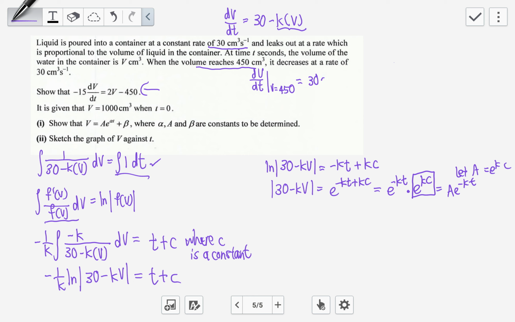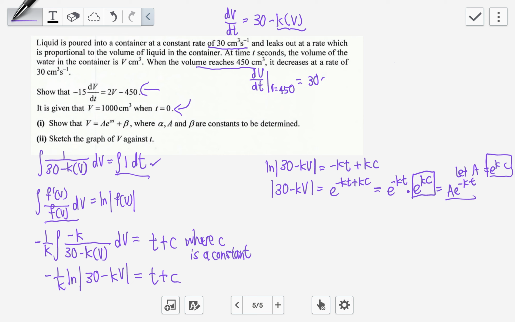When we are given information we will be able to find A. We don't have to leave it in the other form, but this is simpler to solve. We just have to solve for one constant.